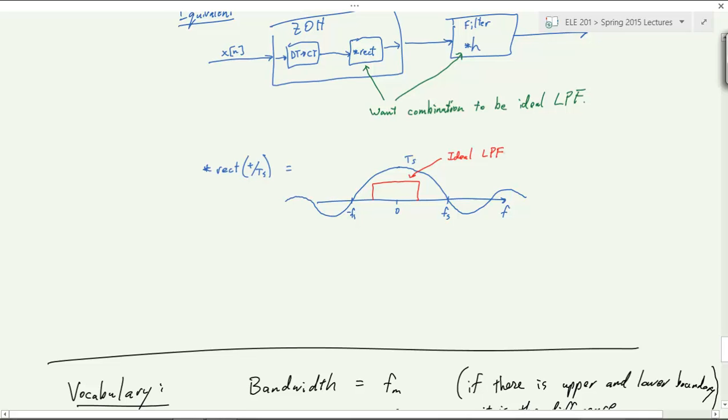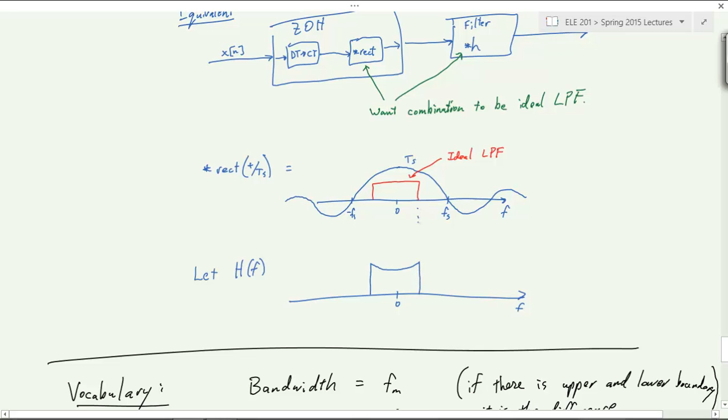So that's pretty simple. All we have to do is have the second filter be, you know, something like this. It's going to dip down like this to compensate. There we go.